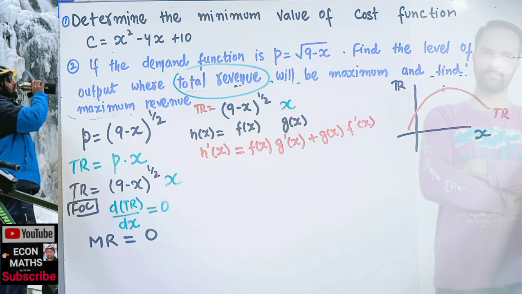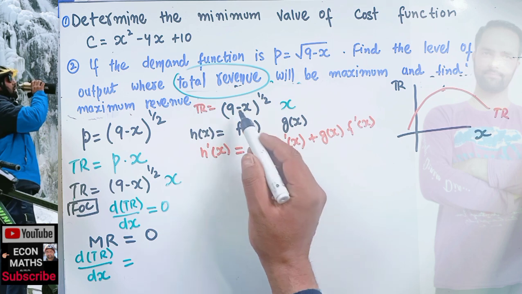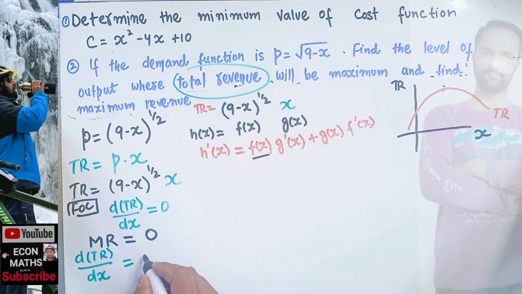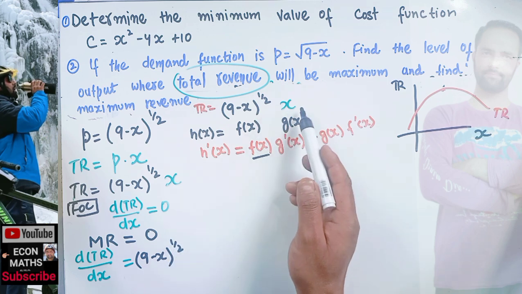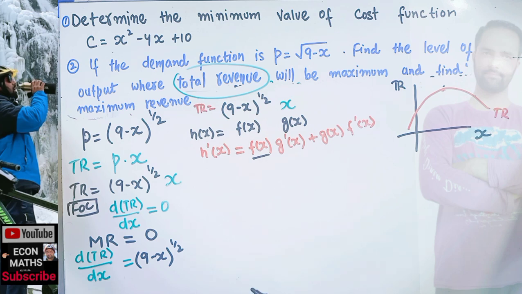And here we apply the same. That means dTR upon dx will be equal to: in place of f of x we have 9 minus x raised to the power 1 upon 2, written as it is. Then take the derivative of the second function. The second function is x, its derivative is 1, so we write 1 here.